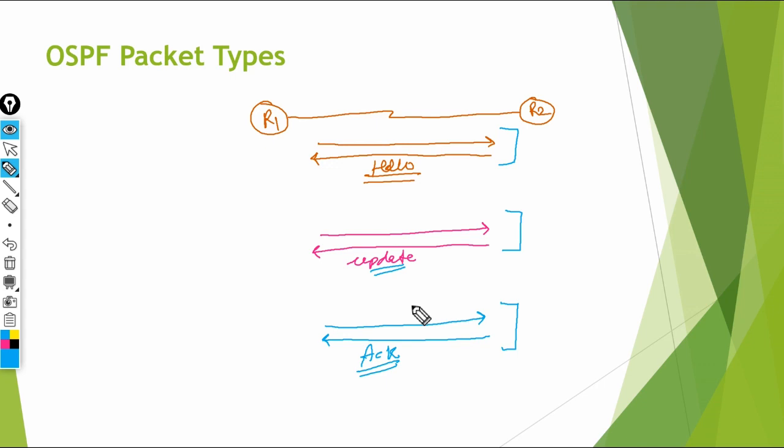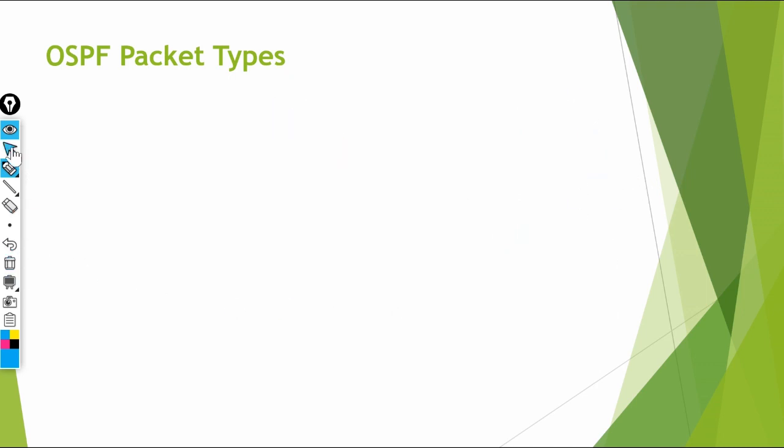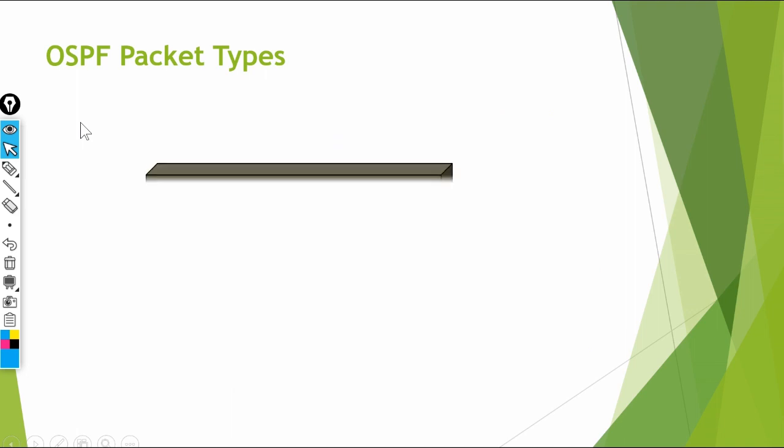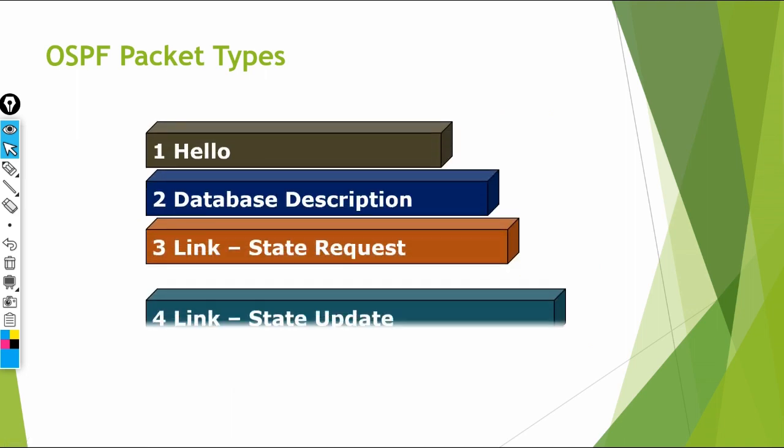Now there are different types of OSPF packets used here, and they all are used at these three different stages. So let us try to understand where exactly they are going to be used and what the OSPF packets are. Remember, this is a common scenario. In OSPF we have 5 different types of packets.